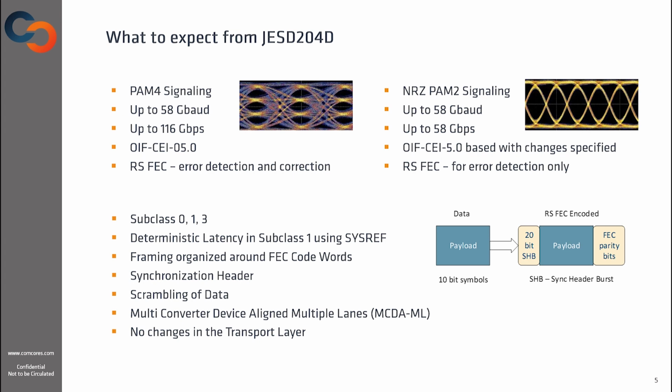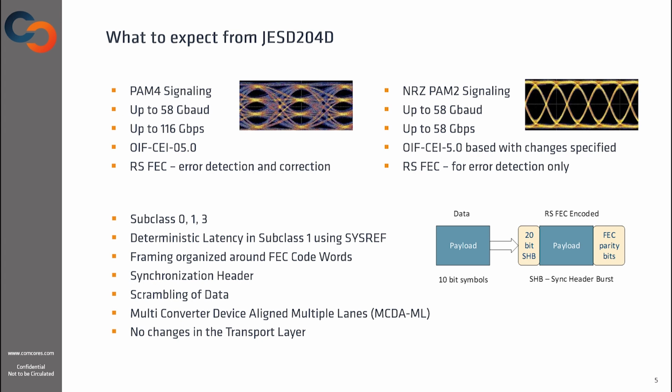The standard will heavily rely on the OIF CEI spec for the serial requirements. And in PAM4, we will see the need for RS-FEC error correction. But in NRZ, we will only see the RS-FEC being used for error detection in place of the CRC mechanism.